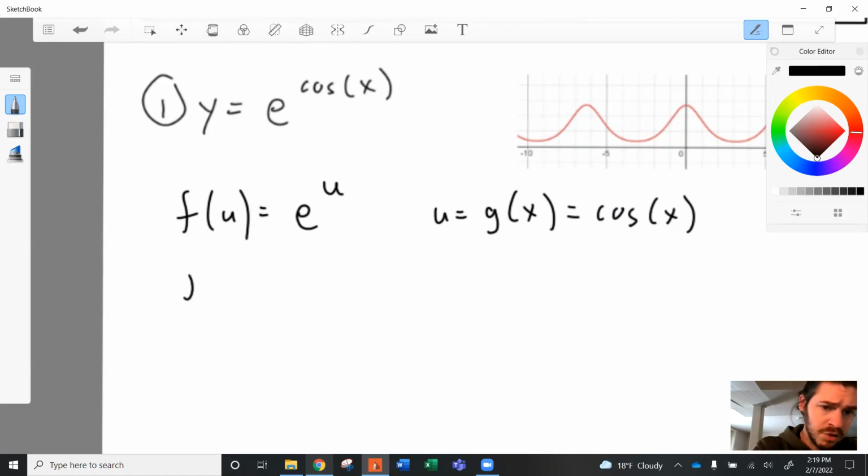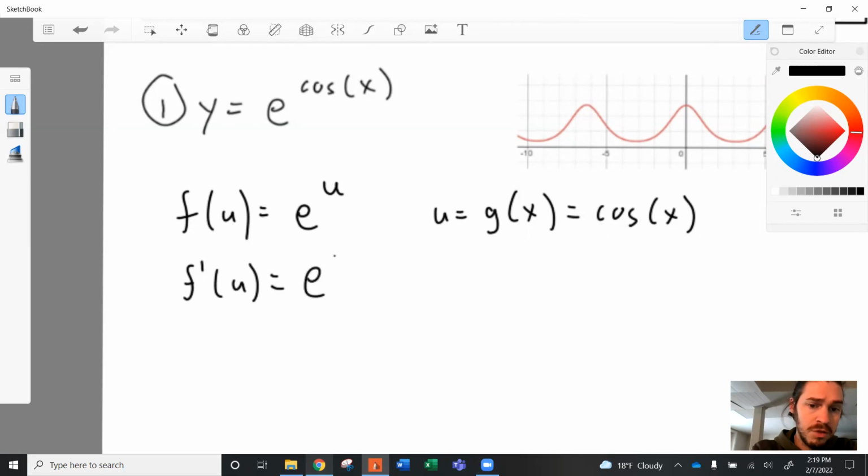Now I take the derivative of each of these. In an earlier video, I introduced the idea that the derivative of e to the power x is itself. Same here, the fact that it's u instead of x doesn't matter because our derivative is with respect to u. So it's just another named variable.